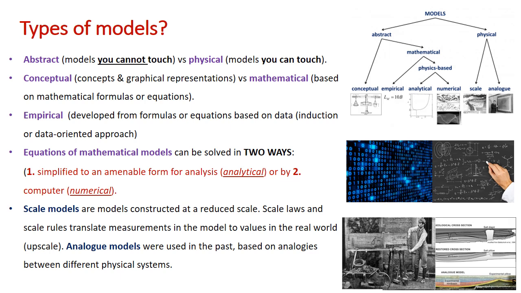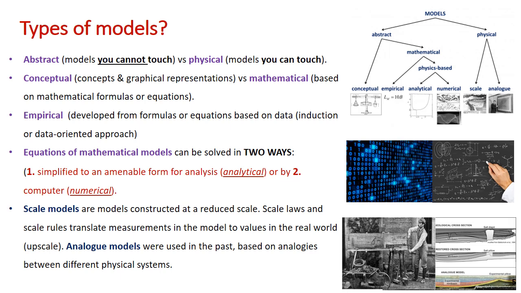That's why you would see that the abstract models are divided into either conceptual models, which are concepts or graphical representations, or mathematical models, which involve equations and mathematical formulas.